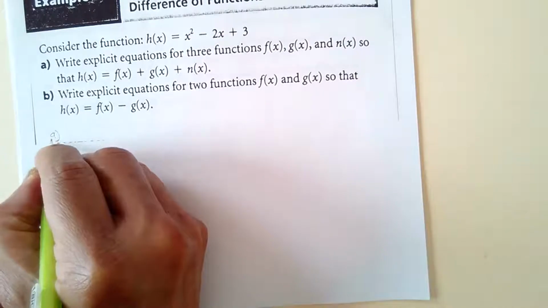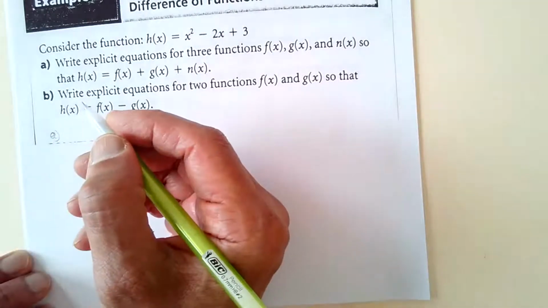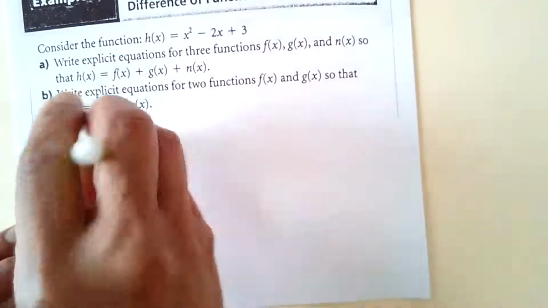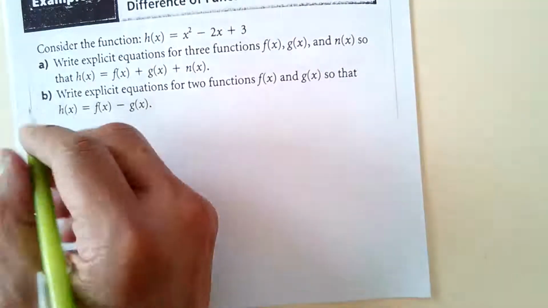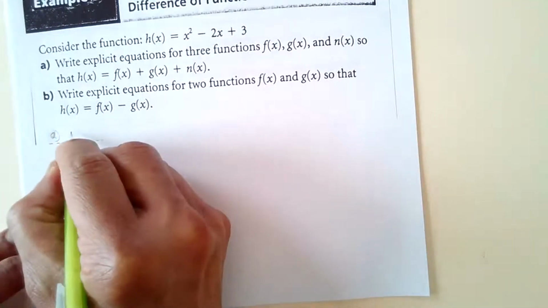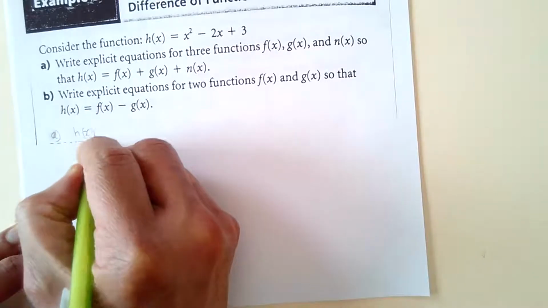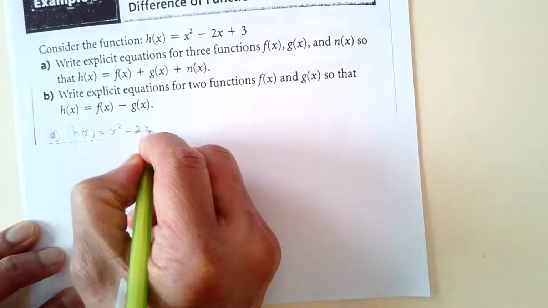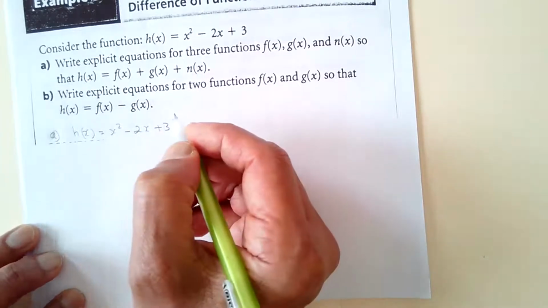Let's look at part A. So in part A, we'll just rewrite our formula down. We have h of x is equal to x squared minus 2x plus 3.